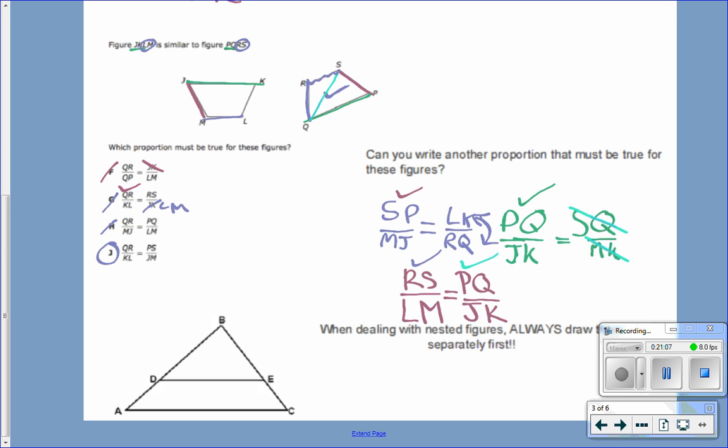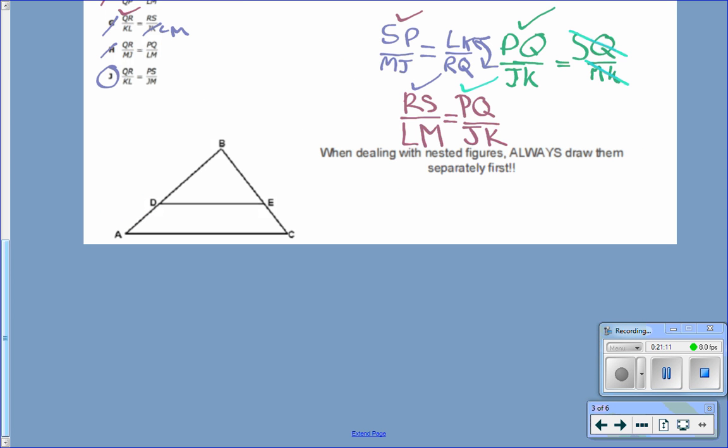All right, so sometimes you're going to see similar figures that look like this. This is called a nested triangle. So there is a smaller triangle inside the larger triangle. It's nested, okay? One method that helps when you're working with nested figures is to draw them separately.